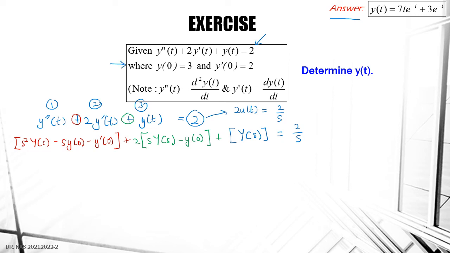Y naught equal to 3 and y prime naught equal to 2. Same goes to this one, y naught equal to 3. So next you need to simplify the equation until you get your Ys equation. Next, perform inverse Laplace transform of Ys to get your final answer in yt.